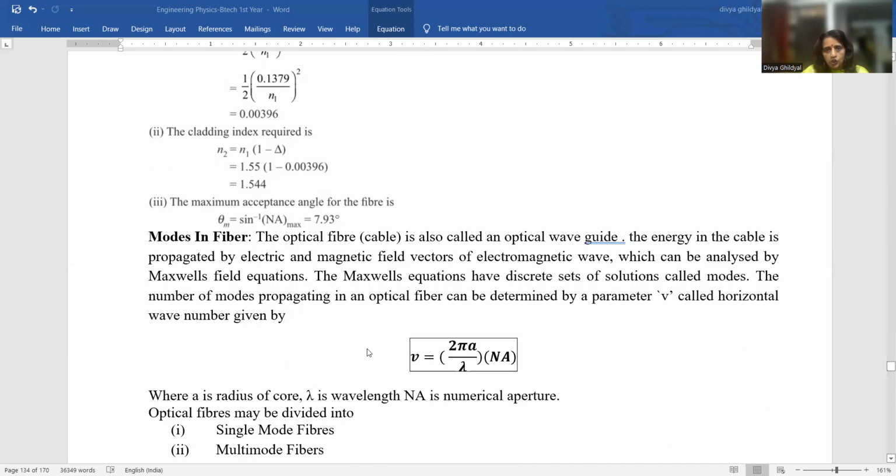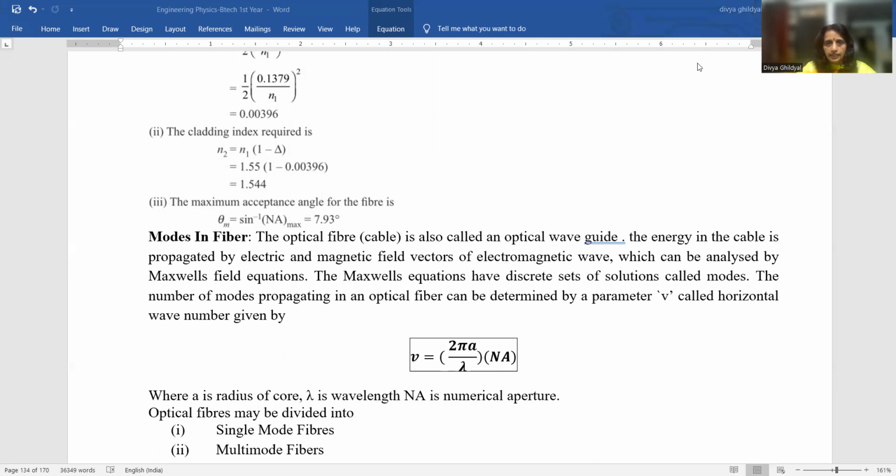So the optical fiber cable is also called an optical waveguide. The energy in the cable is propagated by electric and magnetic field vectors of the famous EM wave, which can be analyzed by Maxwell's field equations. Now, these Maxwell's equations have a discrete set of solutions, which are called modes.